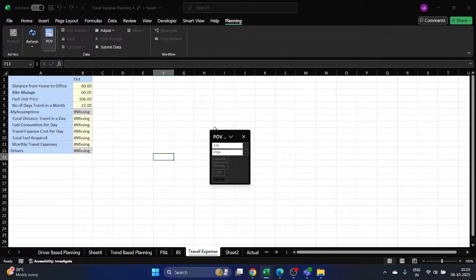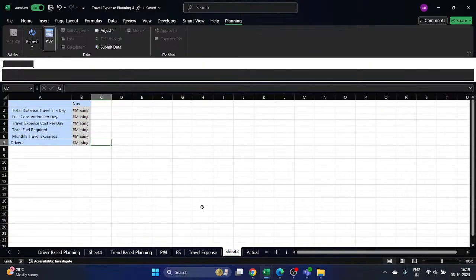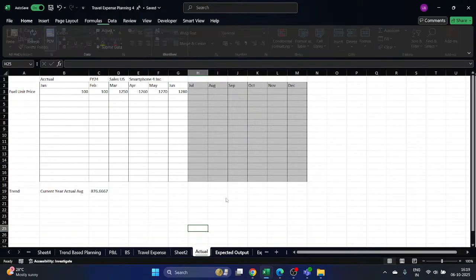For this we have to connect on Smart View. Here we are facing some issue in the instance, so we will not connect it with Smart View, but I'm giving you the actual example here so that you can understand the things easily.